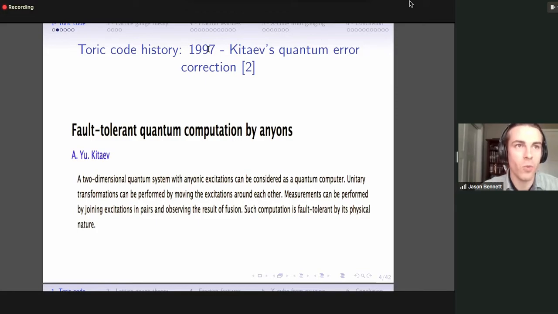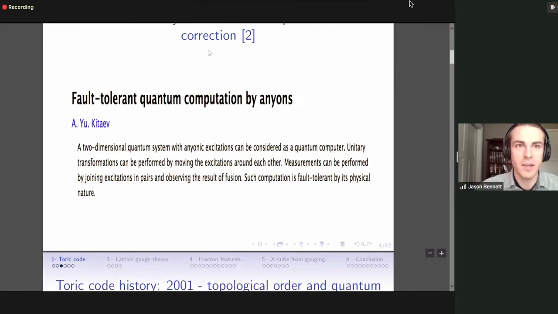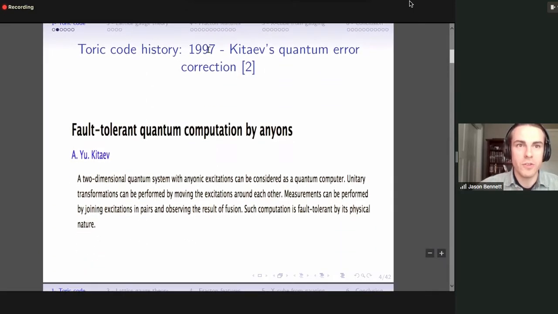And so his scheme, which we'll see in the toric code Hamiltonian in just a second, was to make a Hamiltonian and try to find the minimal, the ground state of it. So if local interactions violate the stabilizer terms, costing energy, the state would not be in the ground state.